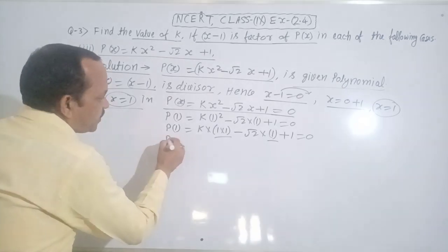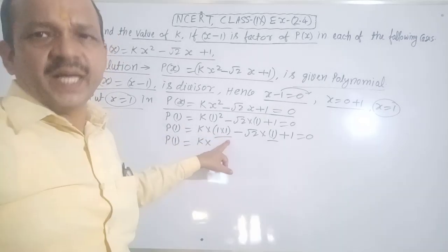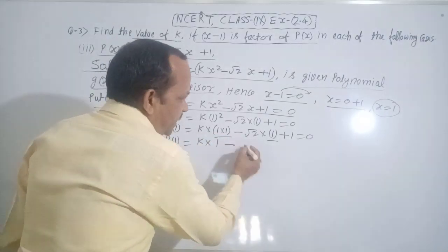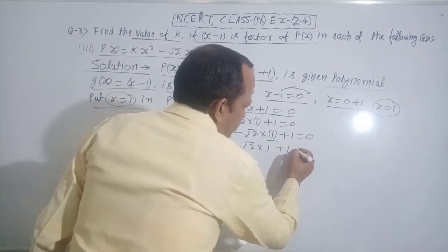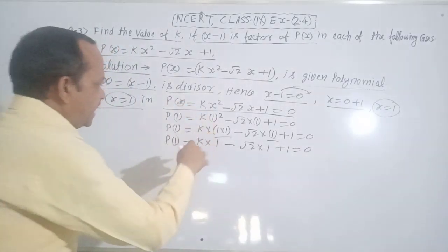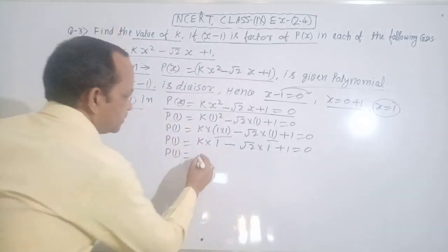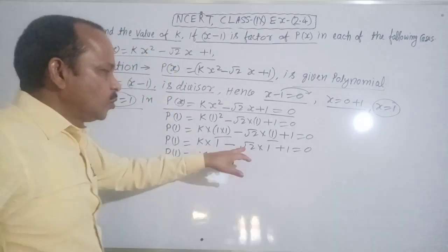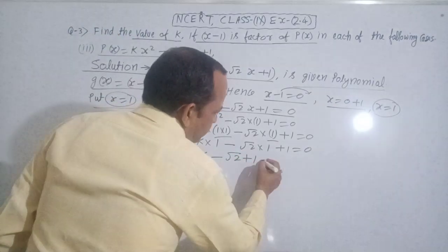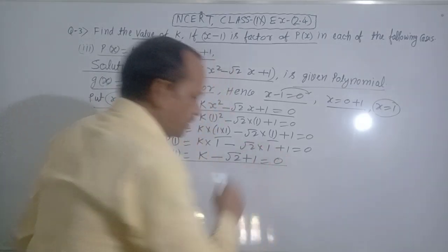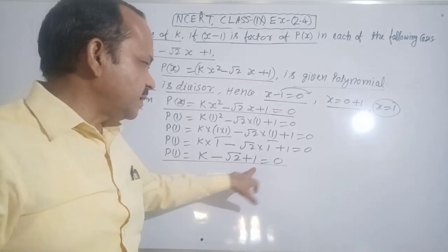It becomes p(1) equals k multiply 1 multiply 1, which becomes 1, minus root 2 multiply 1 plus 1 equals 0. You can write p(1) equals k multiply 1 becomes k, minus root 2 multiply 1, it becomes root 2, plus 1 equals 0. You find p(1) equals k minus root 2 plus 1 equals 0.